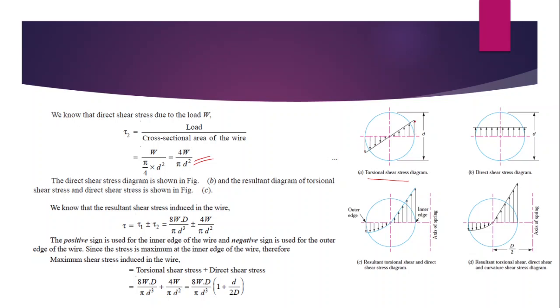That means if this portion is positive, then this portion must be negative, only then the twisting happens. Direct shear stress is always in one direction.